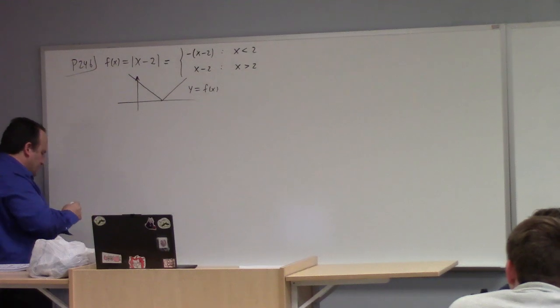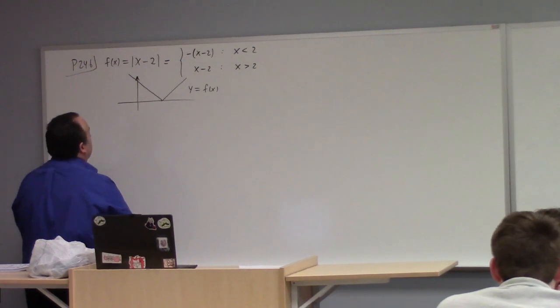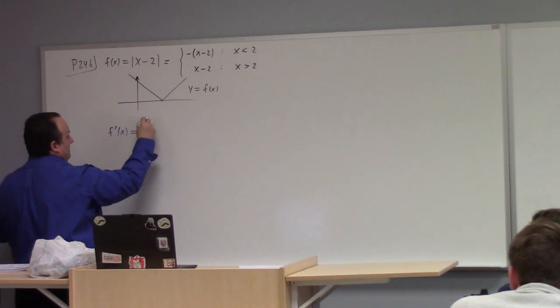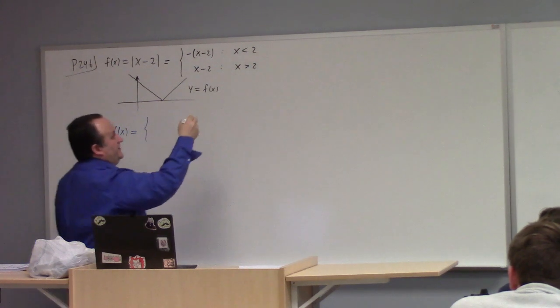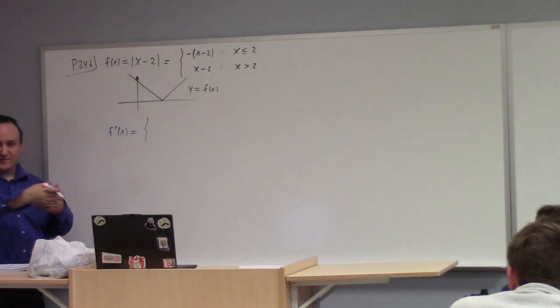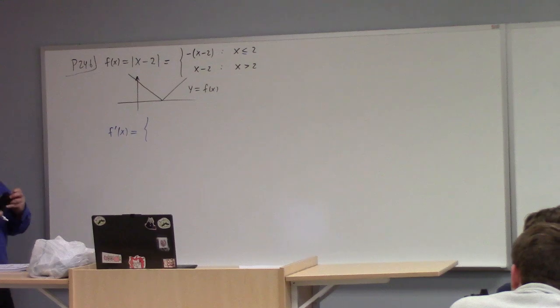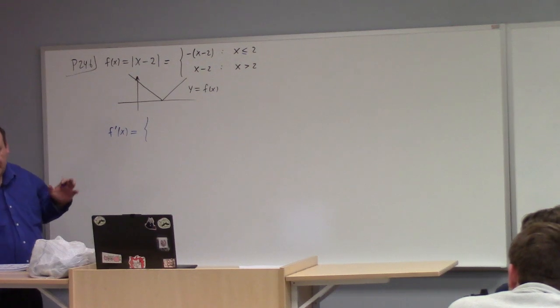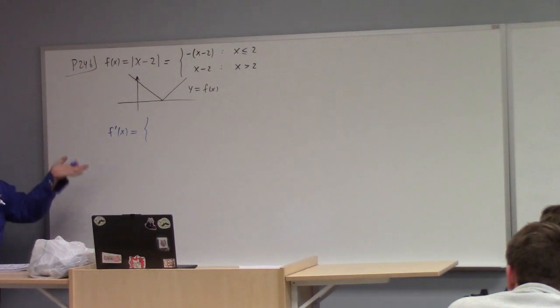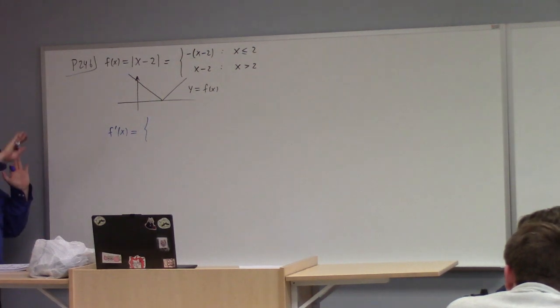So what's the derivative of this function? The function is 0 at 2, right? But the derivative doesn't exist at 2 because the graph has a corner in it. The left derivative is minus 1 and the right derivative is plus 1.